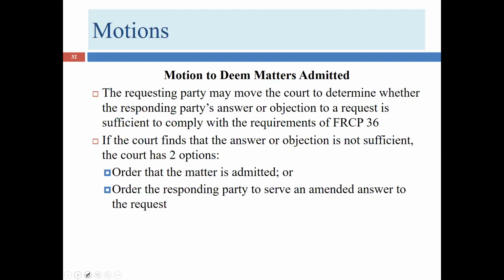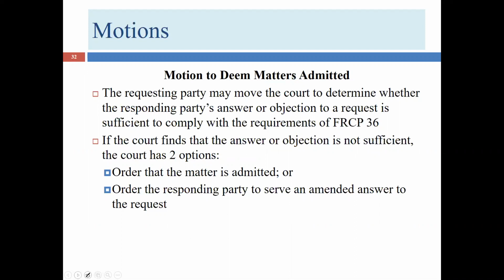If it is sufficient, then the matter can be deemed admitted. If the response is insufficient, then the court can order that the other party serve an amended answer to that particular question once whatever the objection is resolved.